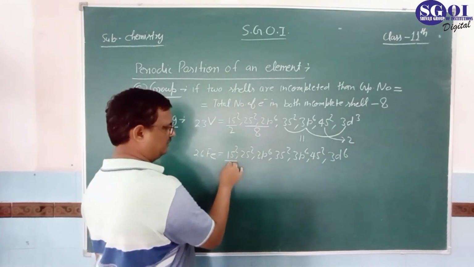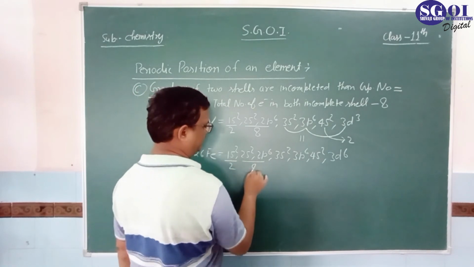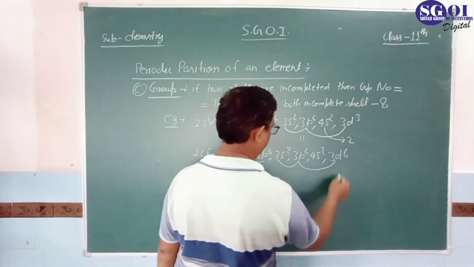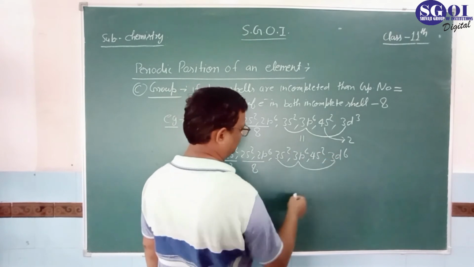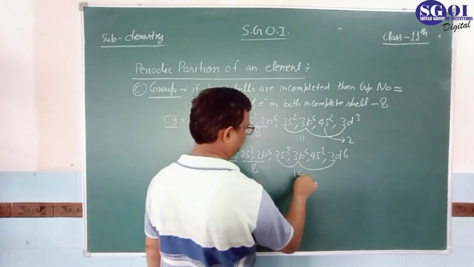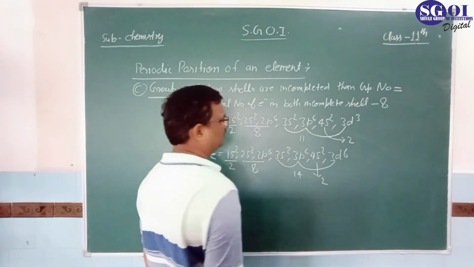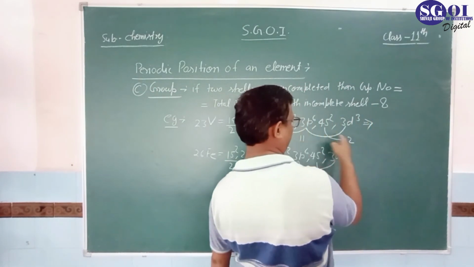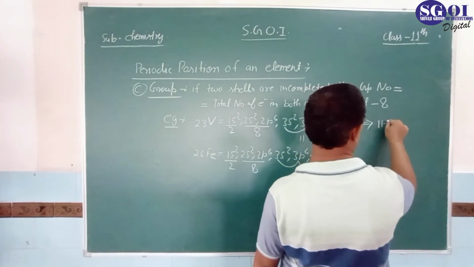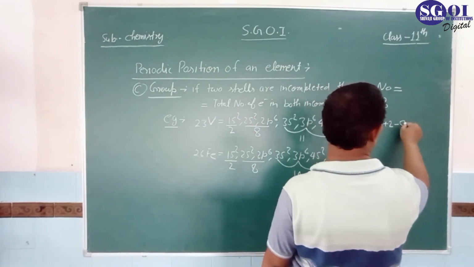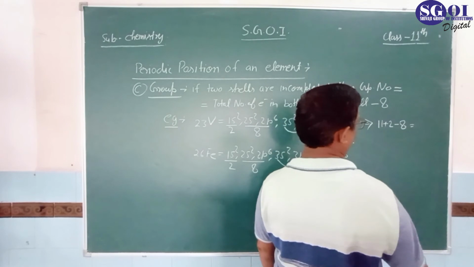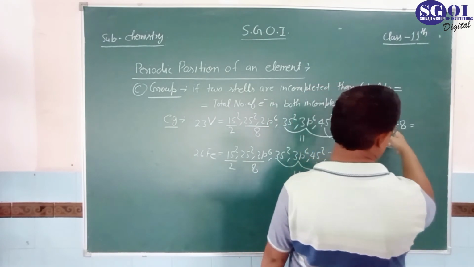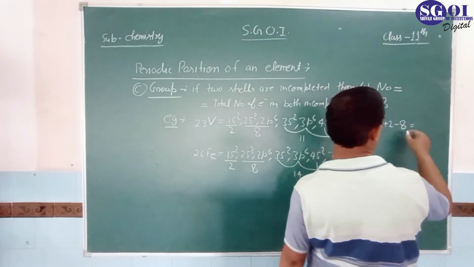Here 2, 8, and the third shell contains 14 and here is 2. So how will you find the group number for this one? Add both the electrons, 11 plus 2, and subtract 8, it comes out to be 5th.